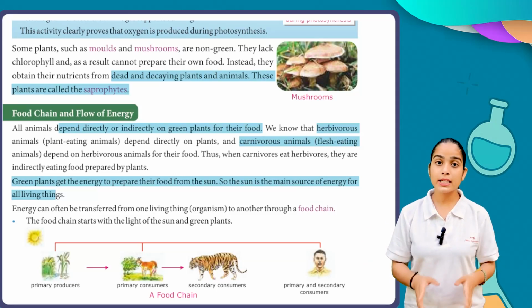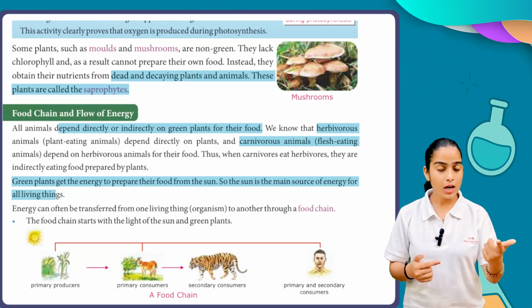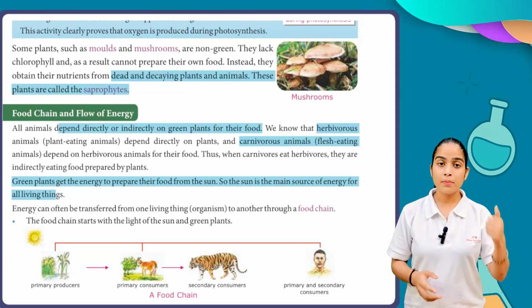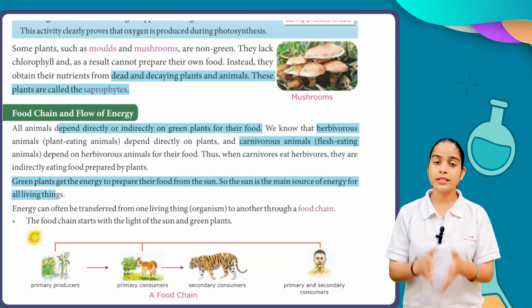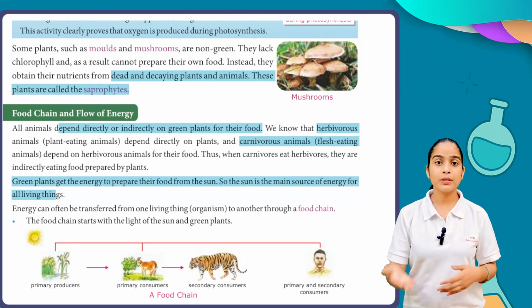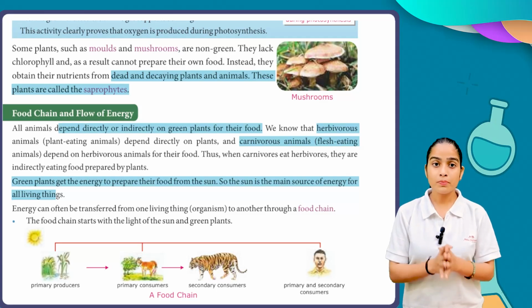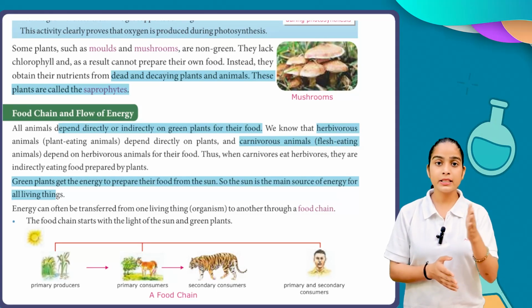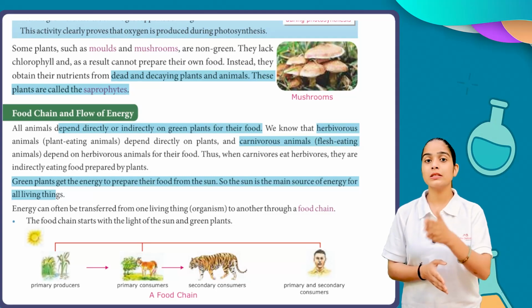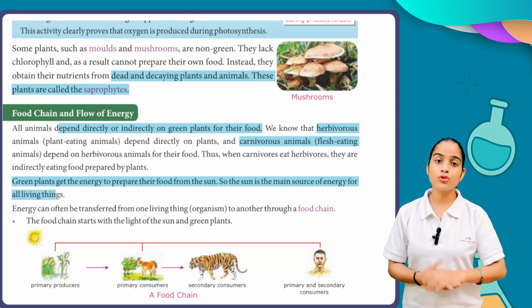All three, plants, herbivores and carnivores, are interlinked in the food chain. Plants are eaten by the deer, the deer is eaten by the tiger, and we have other examples too. Plants are eaten by insects, insects are eaten by the fish, and the fish is eaten by the human being. This is a food chain.